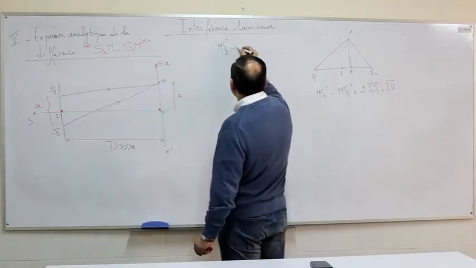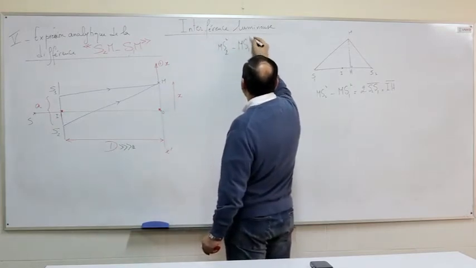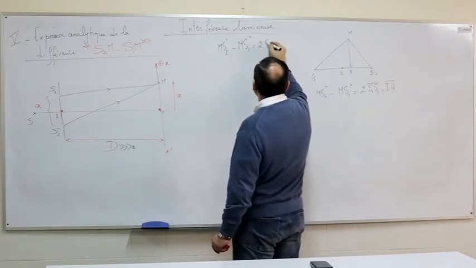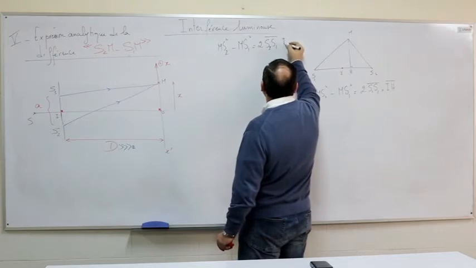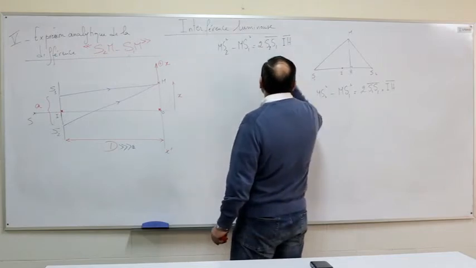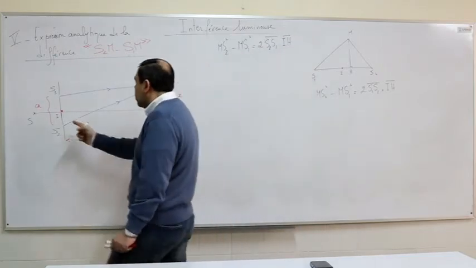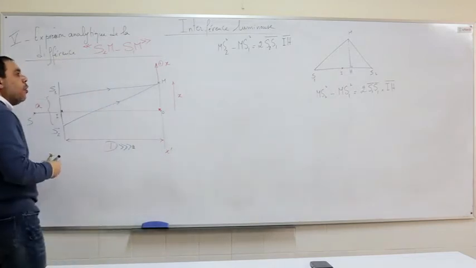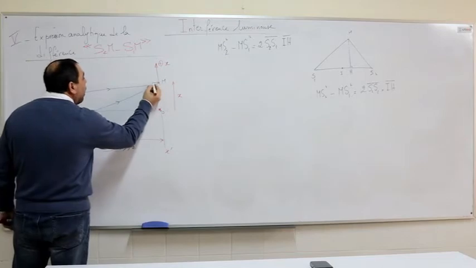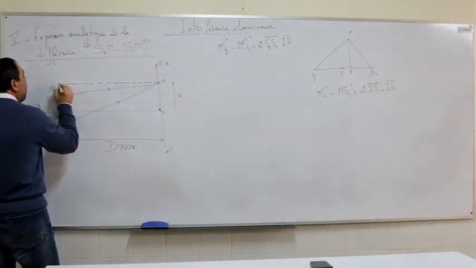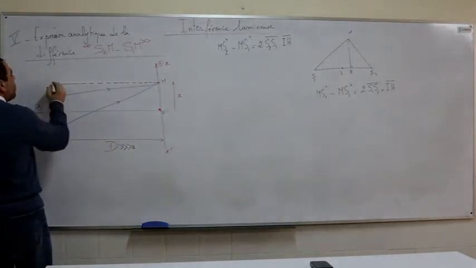We can write MS2 squared minus MS1 squared equals 2 times the algebraic value S2S1 times the algebraic value IH. I is the midpoint of S1S2, and H is the foot of the perpendicular drawn from M to the line S1S2.